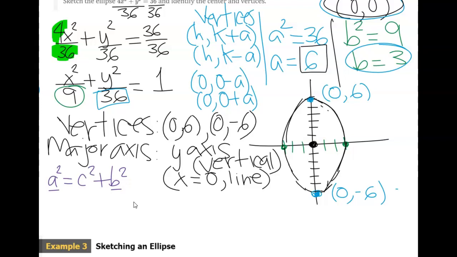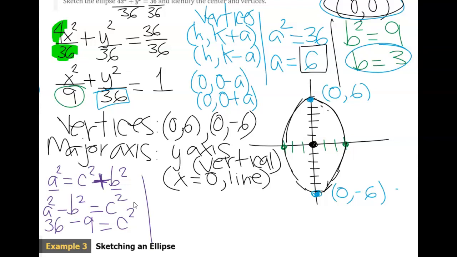So I'm going to substitute that. So let's solve for c squared first. I'm going to leave c squared on the right side. We have a squared on the left side. I'm going to take the positive b squared across the equal sign, so it will be negative b squared. So now I'm going to substitute a squared, which will be 36, because it's 6 squared, minus b squared, which is 9, because it's 3 squared, so minus 9. And that will give me c squared.